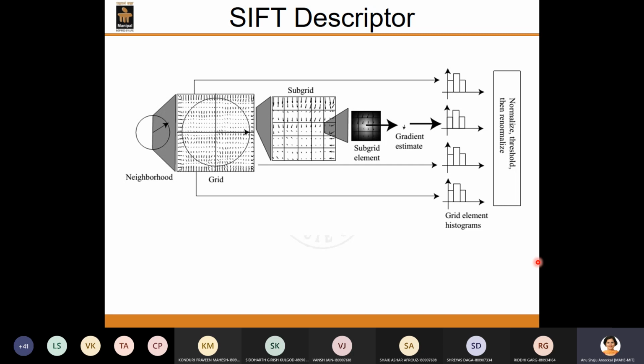Now, as I said, after finding x, y, and sigma, at that particular interest point we also find the gradient. After finding the gradient, you try to find the best orientation along that particular key point or interest point.